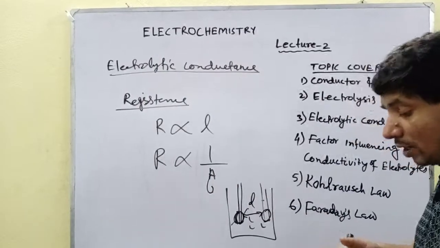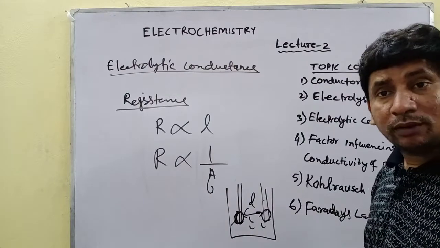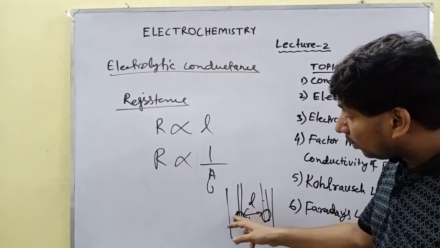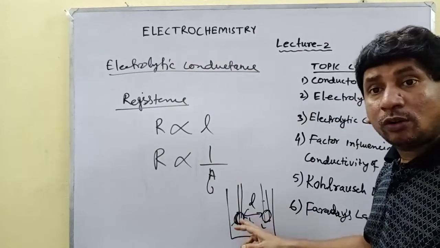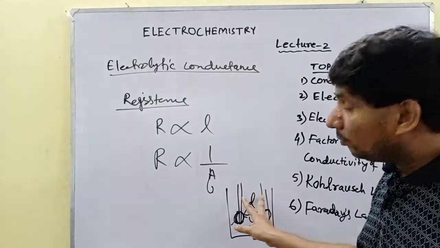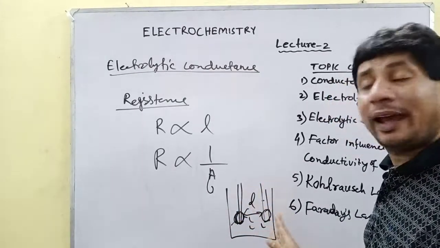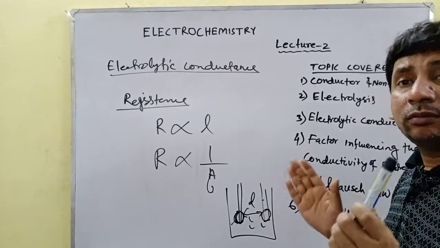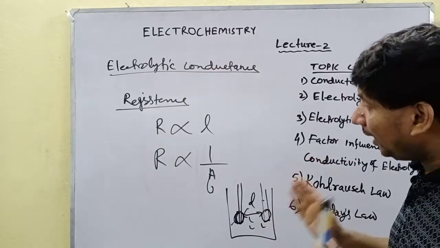So what is the cross section for the electrolytic solution? Here the area of the electrode which is deep in the solution, and the distance between cathode and anode is known as the path length, that is L.